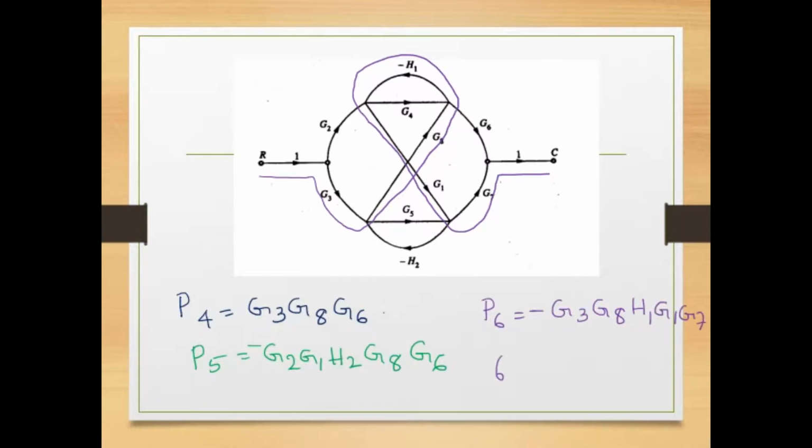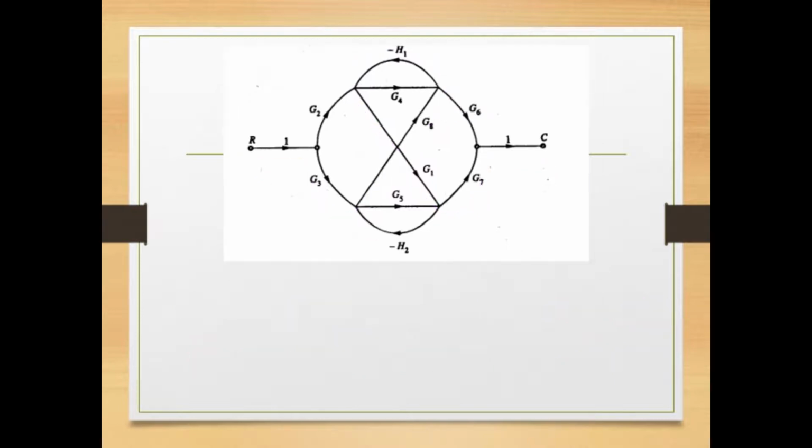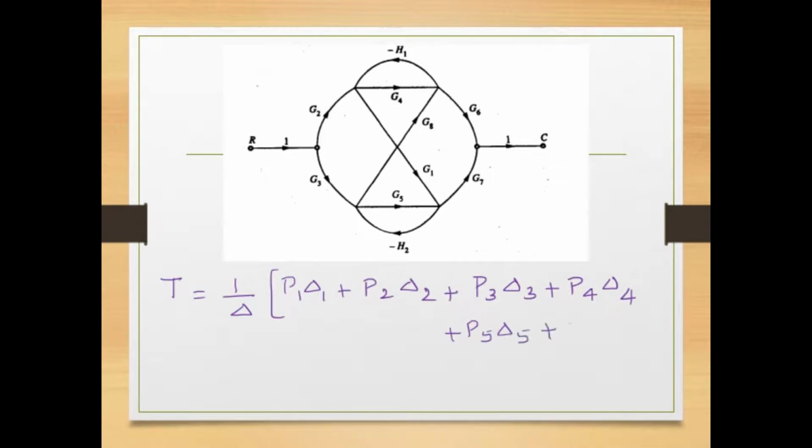So totally we have 6 forward paths. Our transfer function has to be T equals 1 by delta into P1 delta 1 plus P2 delta 2 plus P3 delta 3 plus P4 delta 4 plus P5 delta 5 plus P6 delta 6.